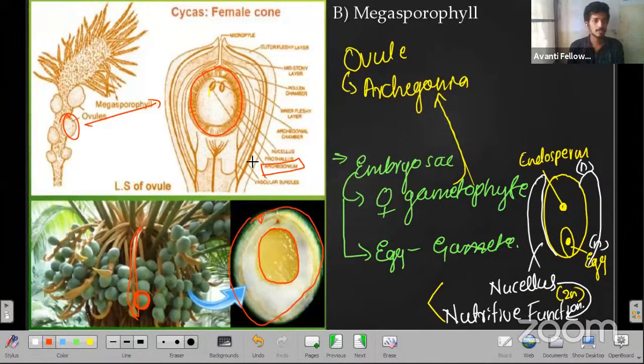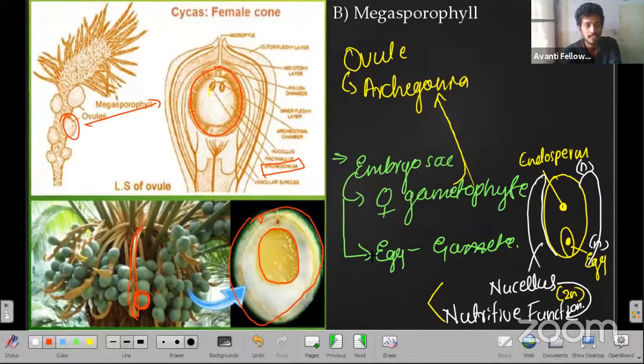The sporocyte you asked about is the megaspore mother cell. Later it will give rise to the megaspore. That megaspore will give rise to the gametophyte, which gives rise to the gamete.